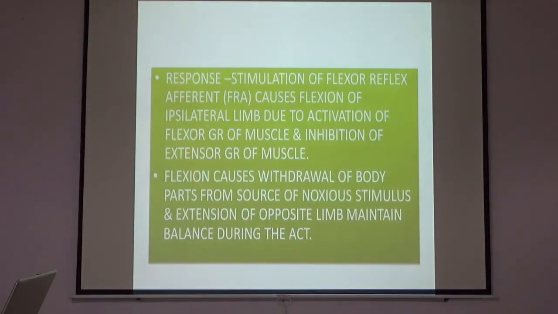What we have just explained is written in this slide. Flexion causes withdrawal of the body part from the source of the noxious stimulus, and extension of the opposite limb is meant to maintain balance. So there is not only flexion, there is also extension of the opposite limb to maintain balance during this withdrawal reflex activity.